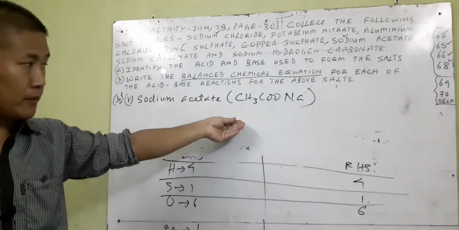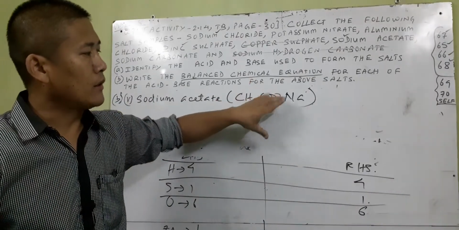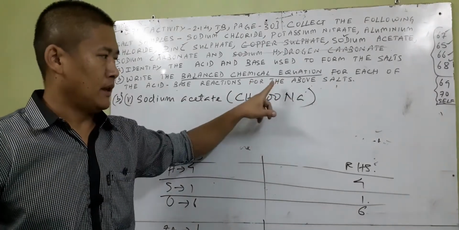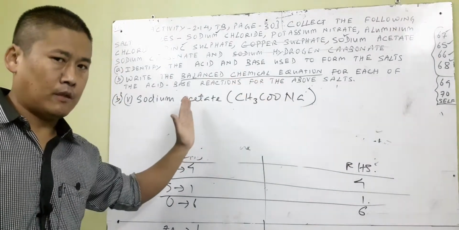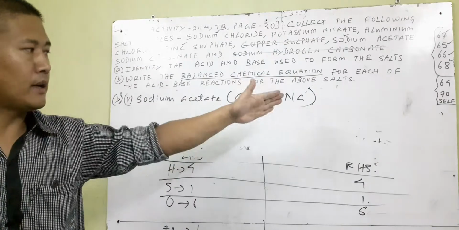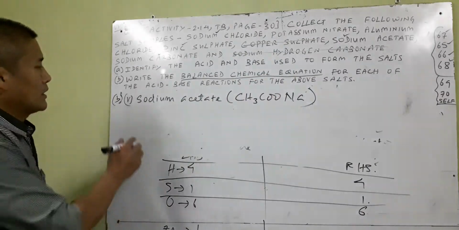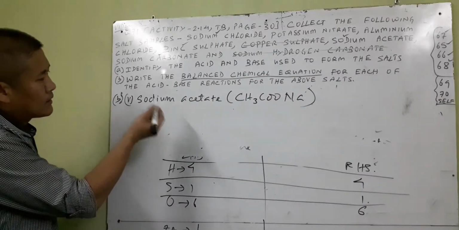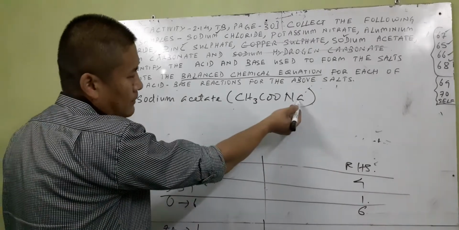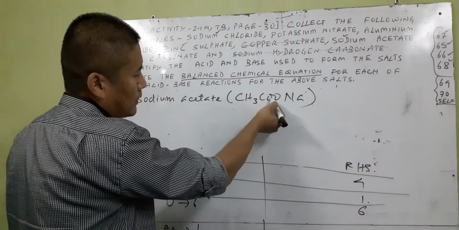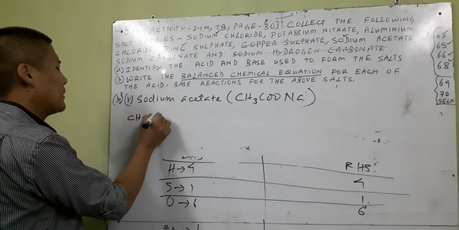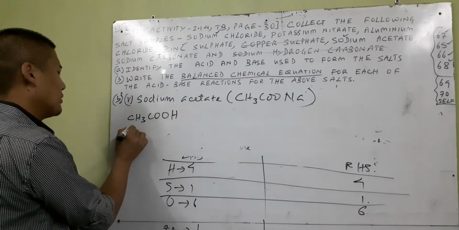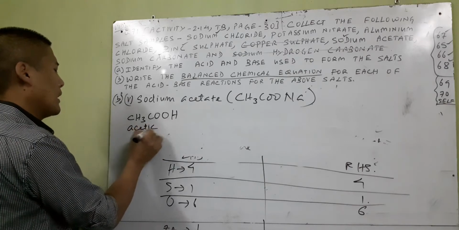As we have learned a few moments ago, this is the only compound which has positive back and negative front, an exception. Most of the compounds have the positive radical in front, but this has positive back and negative front, an exception. So here, as we said, the acid comes from the negative part. So the negative part is this one, CH3COO minus, acetate ion. The only acid having that negative part is CH3COOH, and we know this is called acetic acid.